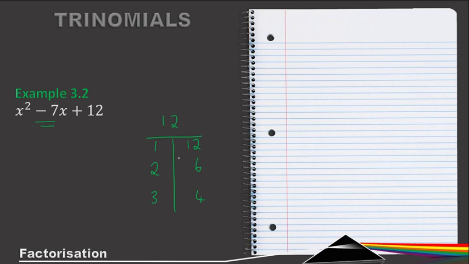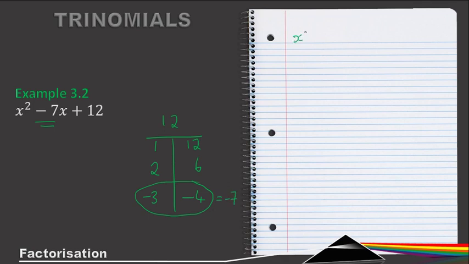Adding these two is 8, subtracting them is 4. And then adding these two, 3 and 4, is 7. So this one will give me minus 7. But I'm not going to say plus 3 plus 4 because I want minus 7. So I'm going to say minus 3 minus 4 because that would equal minus 7.